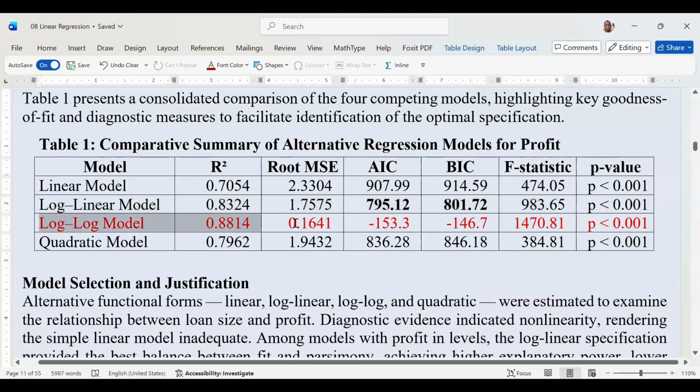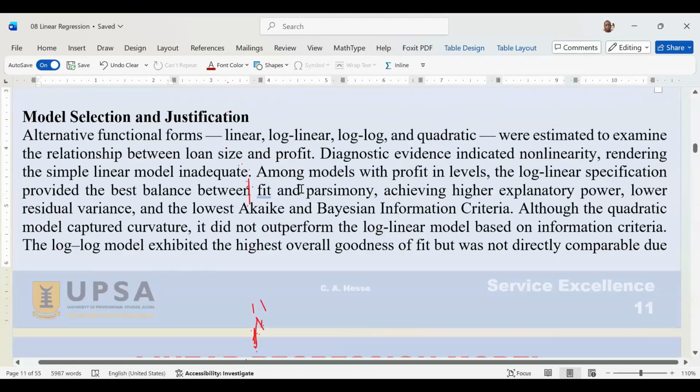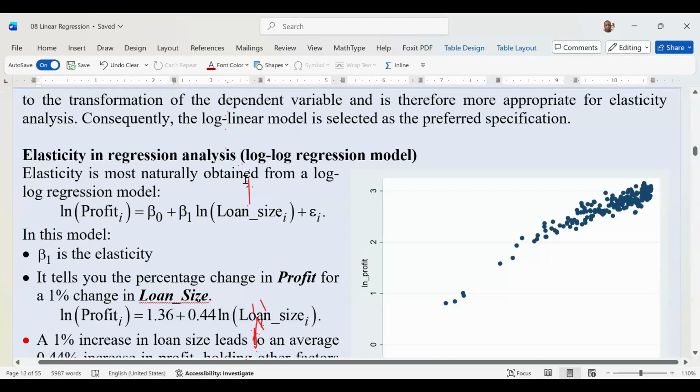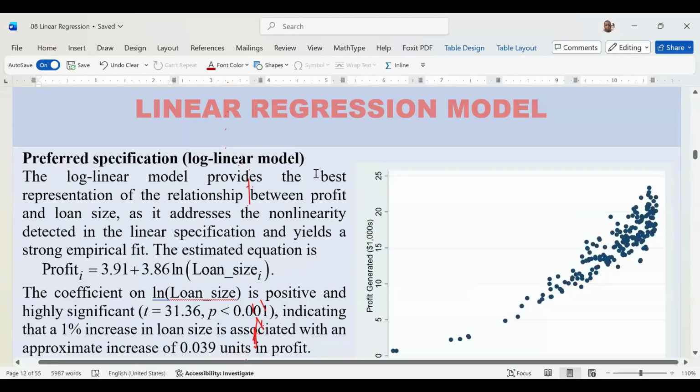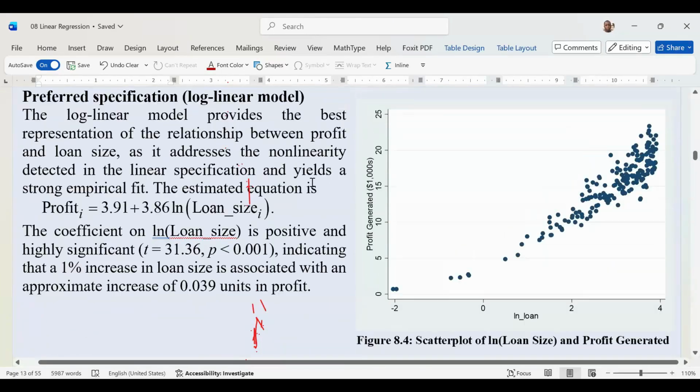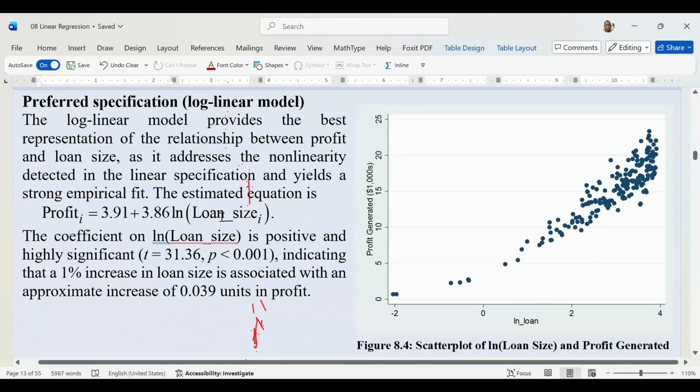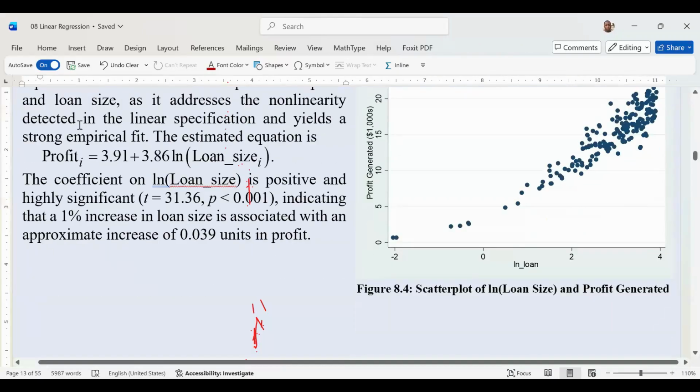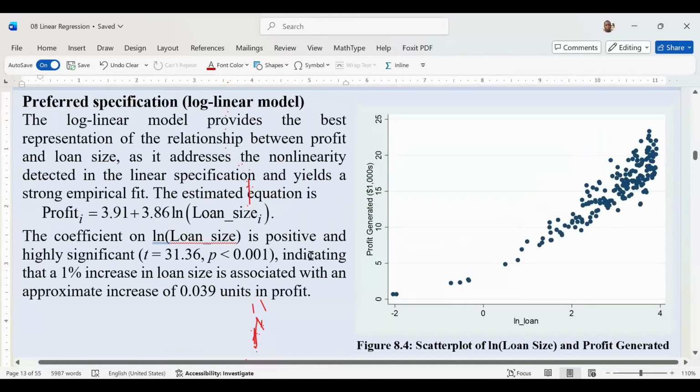It depends on your objectives. Sometimes you are not interested in transforming, so they are both good. So this is a log-log regression model, and this is the log-linear model, where only the independent variable was transformed.